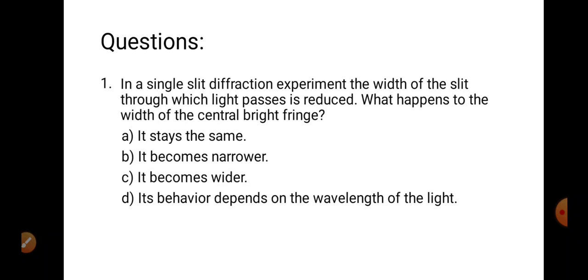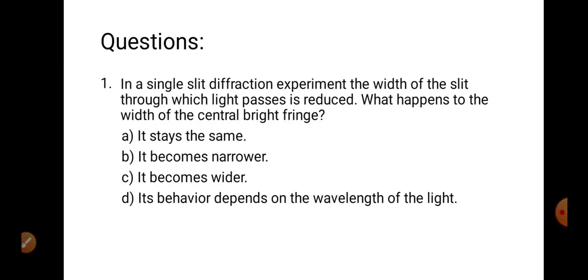Let us discuss some multiple choice questions. First question: in a single slit diffraction pattern experiment, the width of the slit through which light passes is reduced. What happens to the width of the central bright fringe?